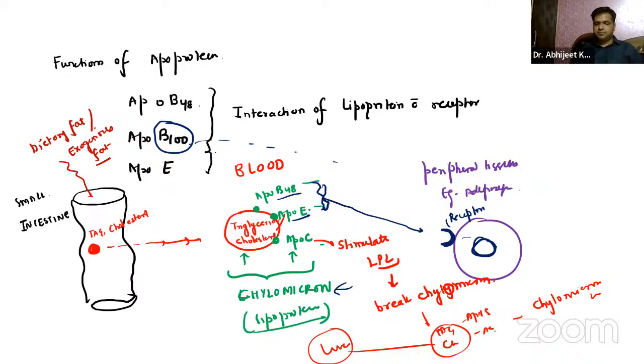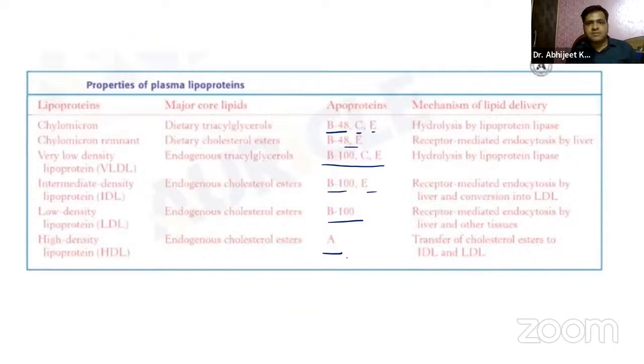That is about the functions of the apoproteins also. Now I have to discuss the high density lipoprotein mechanism, which is the transfer of cholesterol esters into IDL and LDL. Apart from that, guys, remember the ApoA protein. It has been asked in the exam that it activates an enzyme called LCAT.